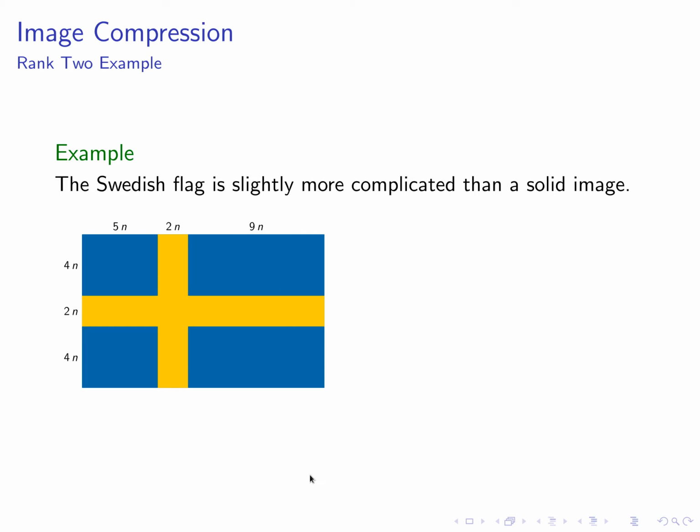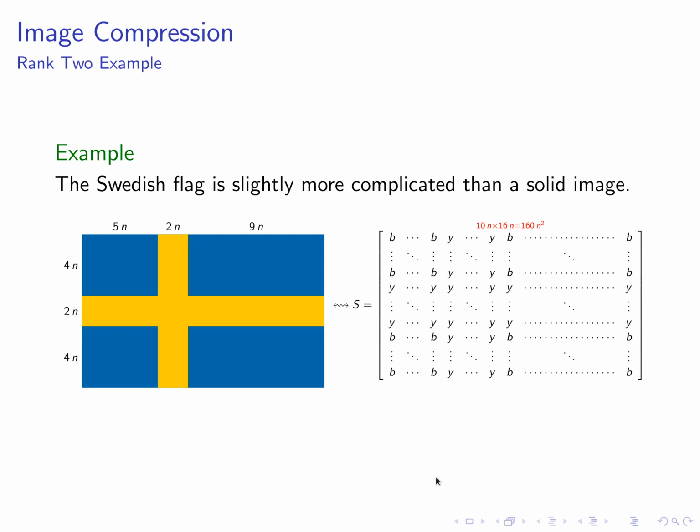So the idea is that we can take the data in this image and represent it with a matrix. If we go to every pixel here and tag it with a B for blue or a Y for yellow, we can partition a large matrix with B's and Y's to represent the Swedish flag. What is the size of this image? How many rows are there?